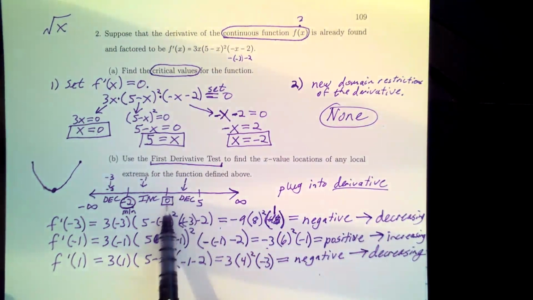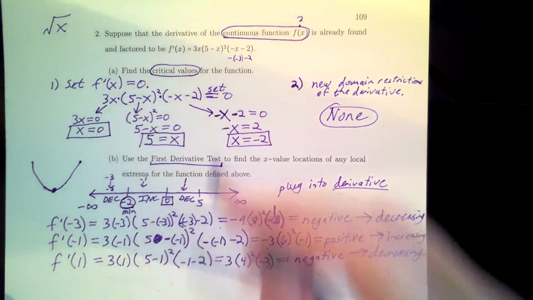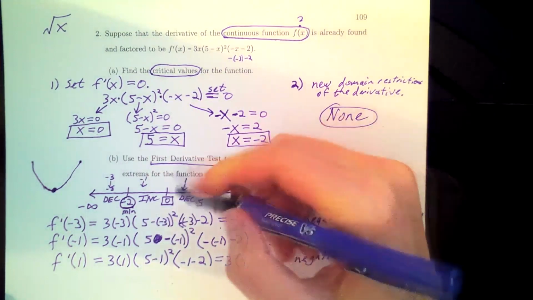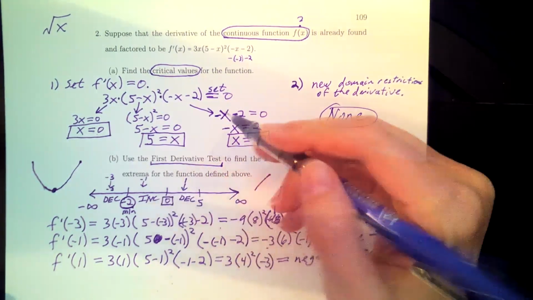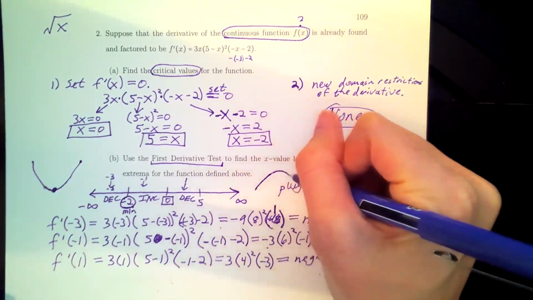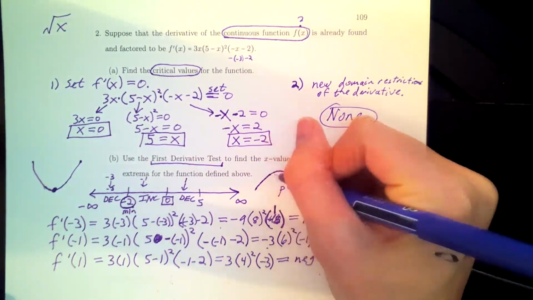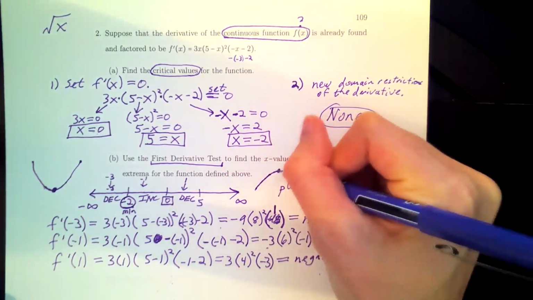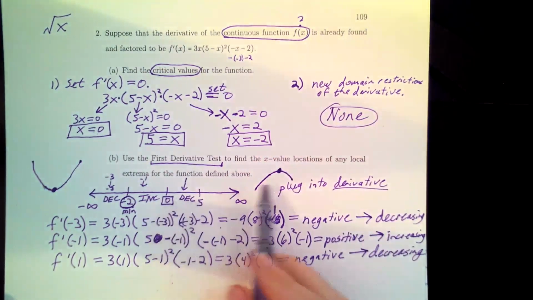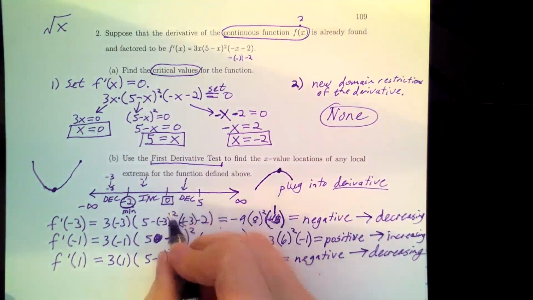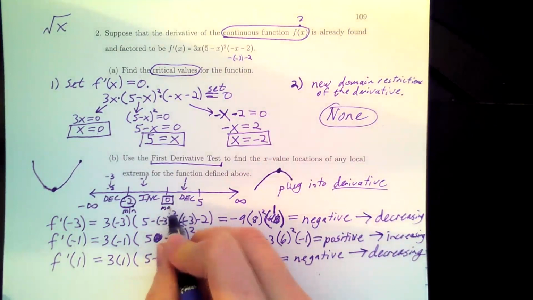Since I know what's going on to the left and right of 0, I can now make a conclusion about what happens at 0, if anything. If my function is increasing on the left and then decreasing on the right, increasing first and then decreasing, then that x value has to correspond to a local max.